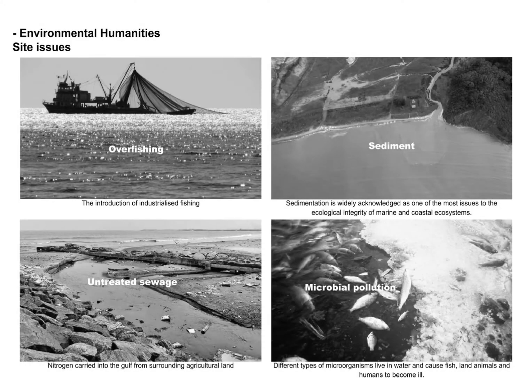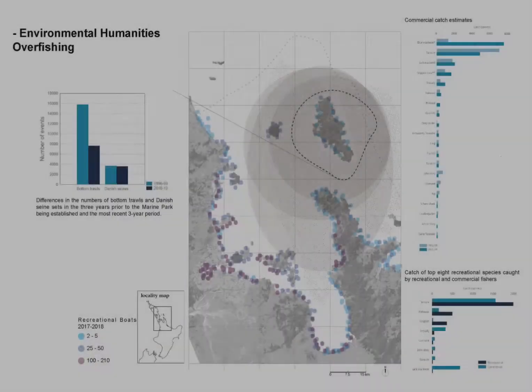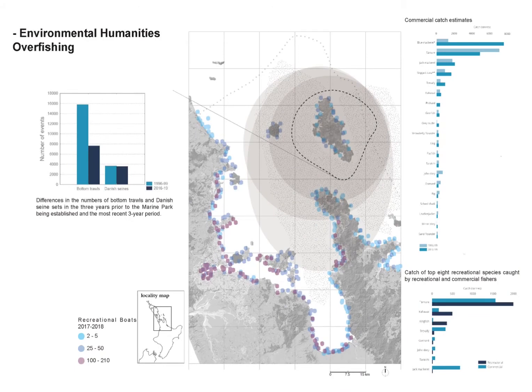The Gulf is a vibrant natural environment which has seen significant damage during the 20th and 21st century from human use. Among them, overfishing, untreated sewage, microbial pollution, and sediment are the main problems. The first is overfishing. As we can see from the mapping, most recreational boats are docked along the coast.